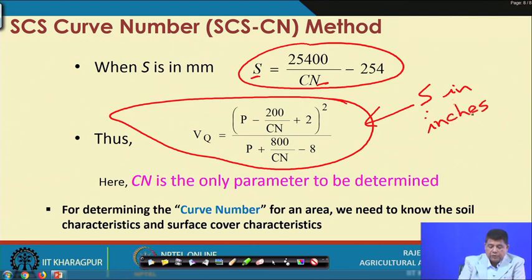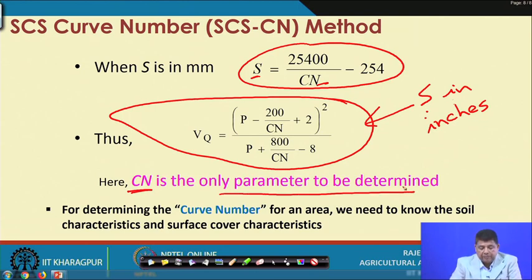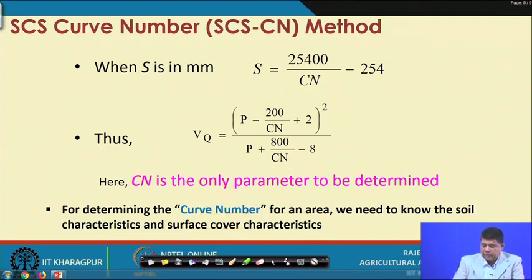That is the equation we just saw, that is the form we are using here, and if we replace S in terms of curve number, then this is the form of equation. So now in the entire equation, Cn is the only parameter to be determined. That's why it is still a single parameter model, but the parameter now is the curve number, and for determining the curve number of an area we need to know the soil characteristics and surface cover characteristics. If we know these, then we can find out the curve number applicable for a particular area.